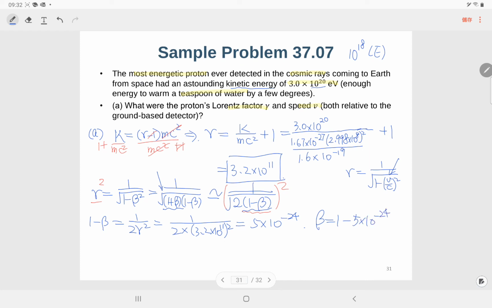Actually, you can write it as 0.99999, 23 of 9s, and then followed by a 5. So finally, we know that beta equals V over C, which means that V equals beta C, which is (1 minus 5 times 10 to the minus 24) C.